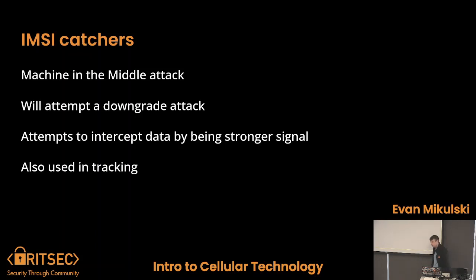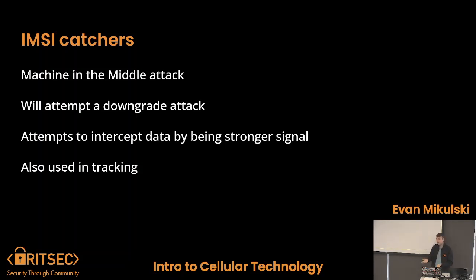So if someone was to set a Stingray right here and then turn it on, suddenly everyone's phone would be like, wow, there's a tower right nearby. I'm going to connect to it because I can get a strong signal. It'll attempt to connect. And then the Stingray or IMSI catcher will relay that back to legitimate cell towers.